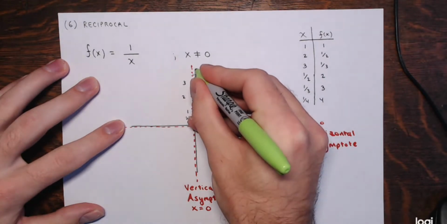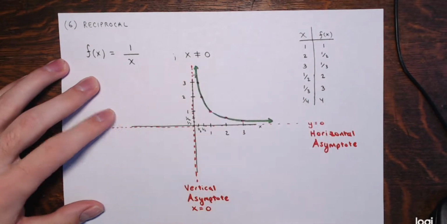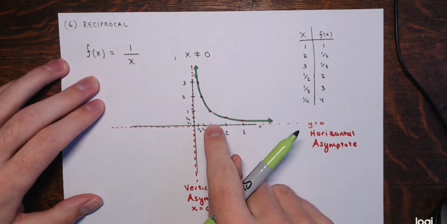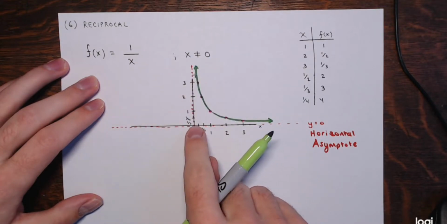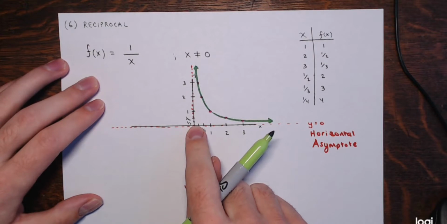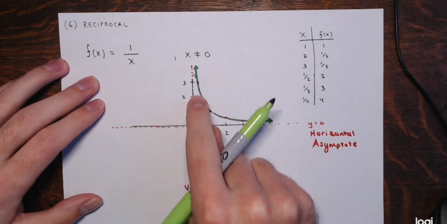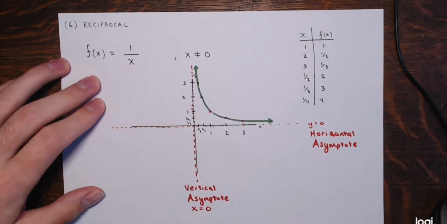And again, x can't be 0 though, right? So I can get really, really close to 0 but never actually plug in 0. And if I get super close, if I plugged in a millionth, a billionth, the output would be a million. A billion, right, it would be huge. That's why I got the arrow here.